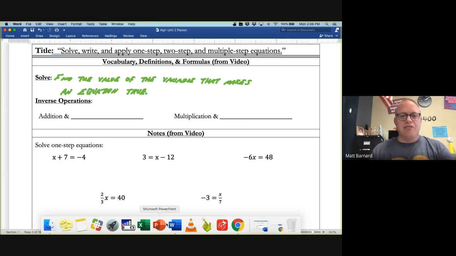Find the value of the variable that makes an equation true. And that's really what we want to focus on as we go through this, is we want to find the value of x or y or whatever variable we're using.